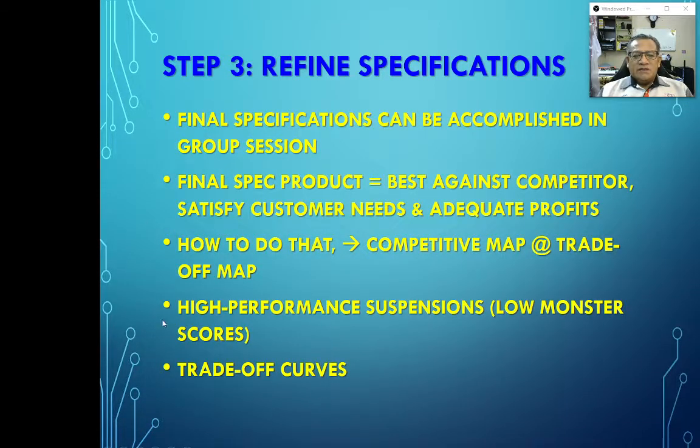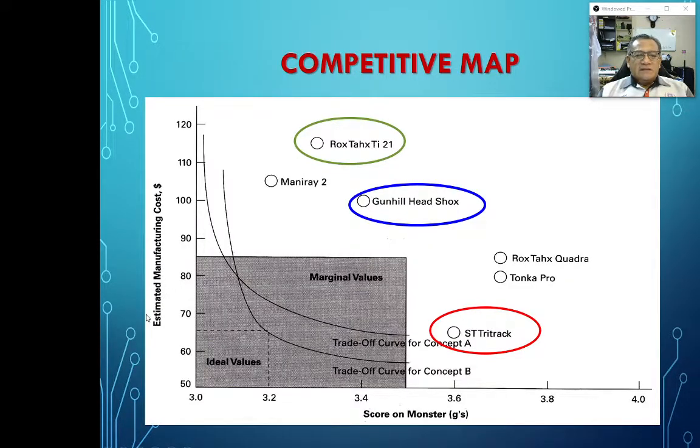This is to determine the high performance suspension of low monster score. In other words, is this a trade-off curve? So you plot the x and y graph like this, right? The y-axis is the estimated manufacturing cost for the fork, and this is the score in monster G scale, right?